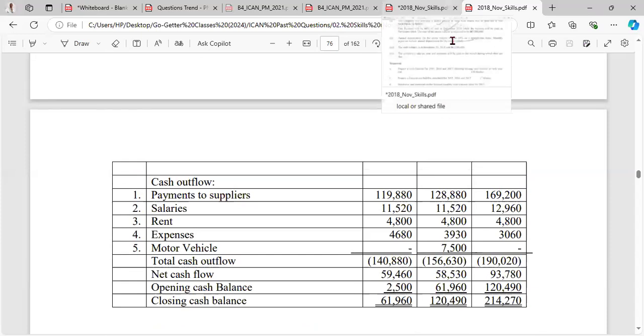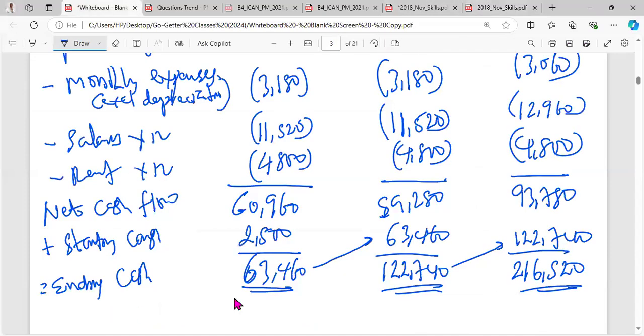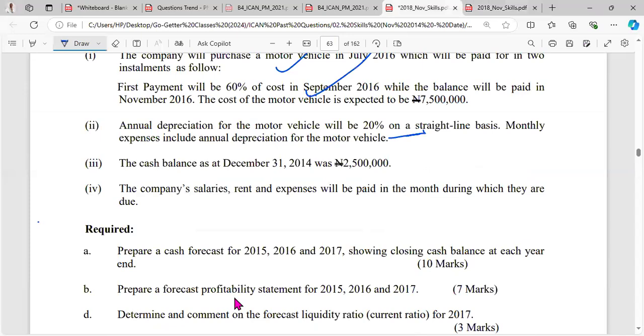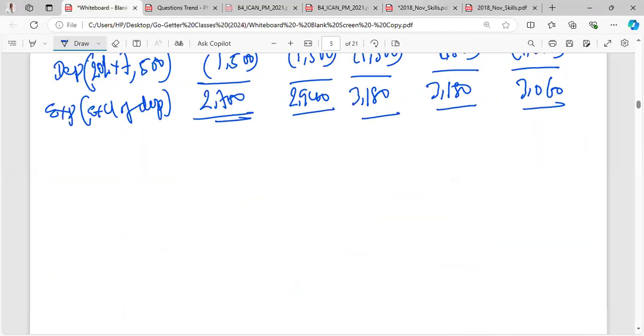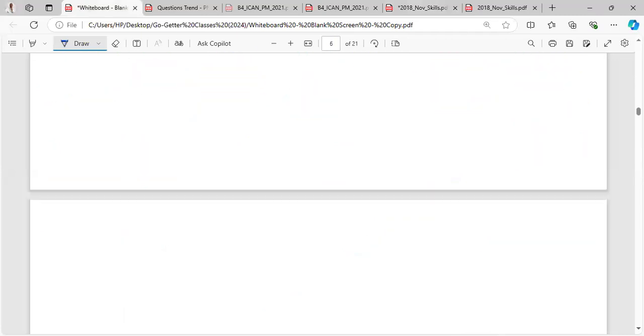All right, so the next one is asking you for the profitability statement. Profitability statement for 2015, 2016, 2017. What's the profitability statement? So let's see if we can do that.